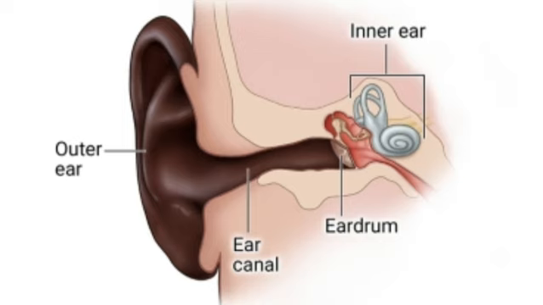Okay. Then going to myringitis bullosa, it is also called otitis externa hemorrhagica. It is a painful condition characterized by formation of hemorrhagic blebs on the tympanic membrane.